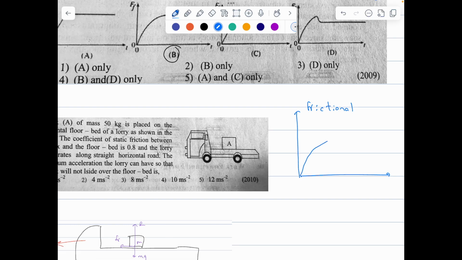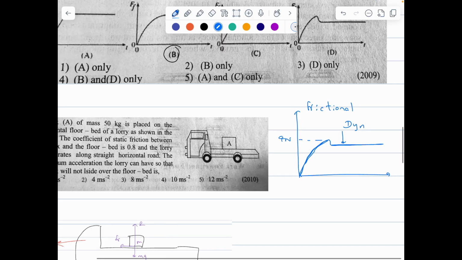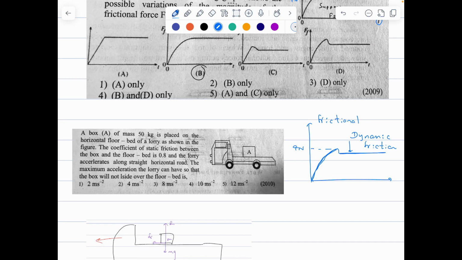So it will vary up to 4 newtons like so, just like the external force, this kind of a curve up to 4 newtons. Beyond 4 newtons, if the external force increases beyond 4 newtons, friction would decrease a little and then remain constant. And here we enter the stage of dynamic friction. So you can see there's another choice that is eligible, choice D.